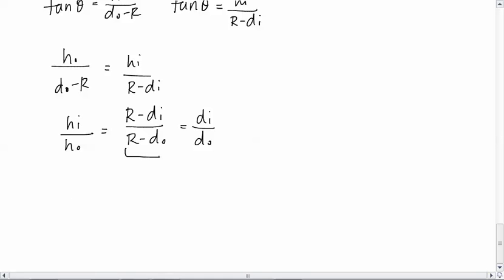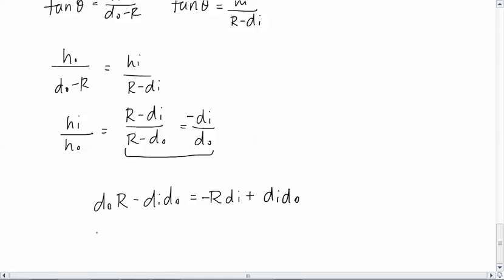So then just looking at this piece here, DOR minus DIDO is equal to RDI minus, but I need a negative sign right here, which makes this negative, this positive, DIDO.